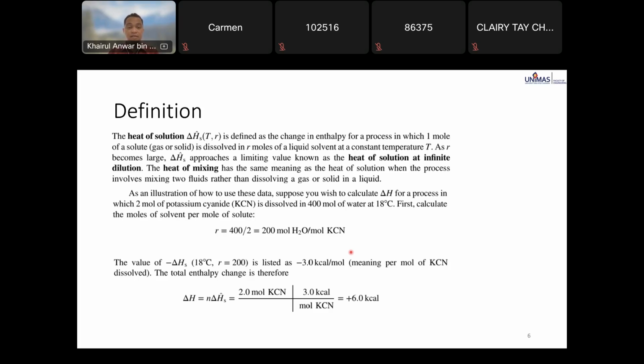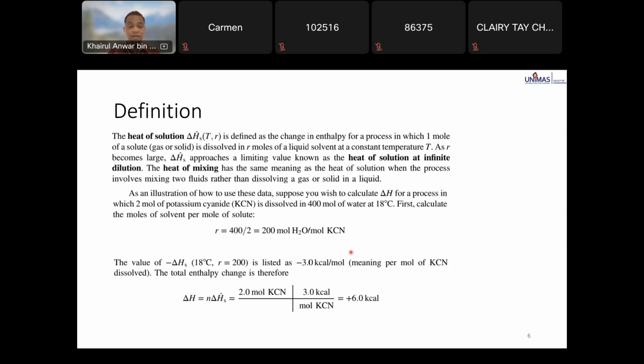The heat of mixing has the same meaning as the heat of solution when the process involves mixing two fluids rather than dissolving a gas or solid in a liquid.